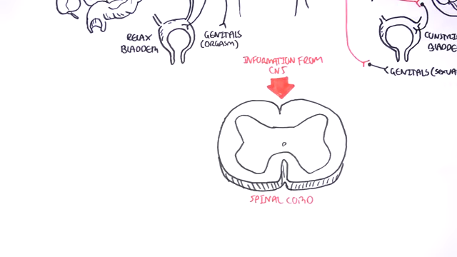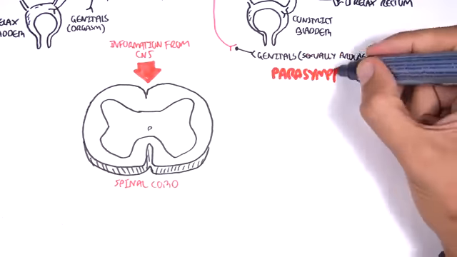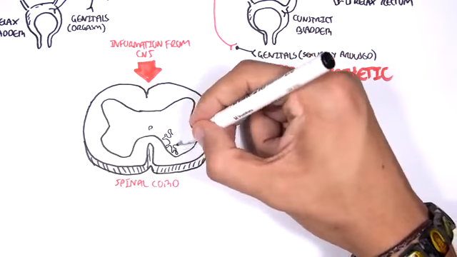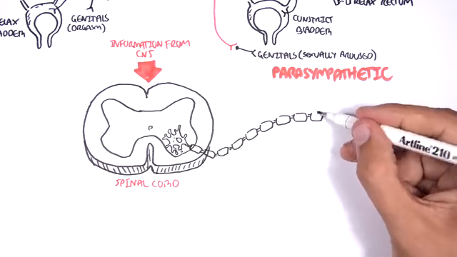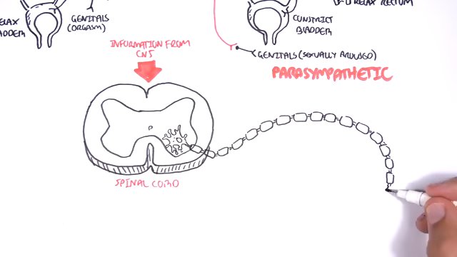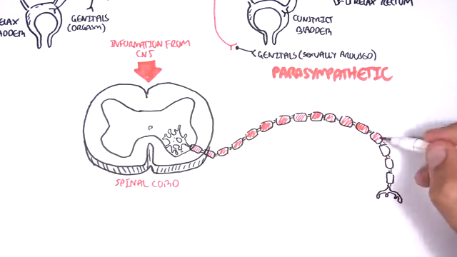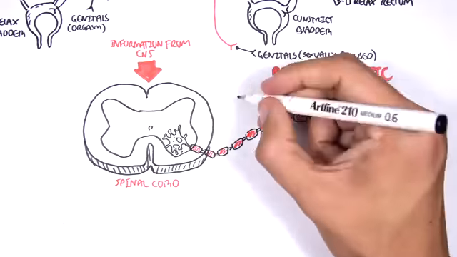Information from the central nervous system comes down and transfers this information to a preganglionic neuron, which in the parasympathetic nervous system's case is a lightly myelinated neuron, which is quite long.